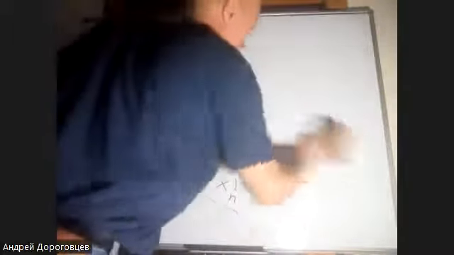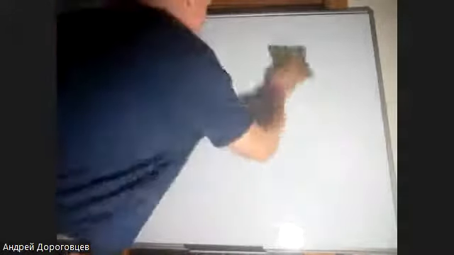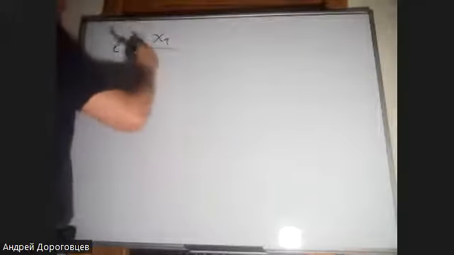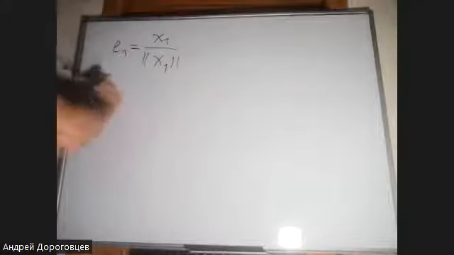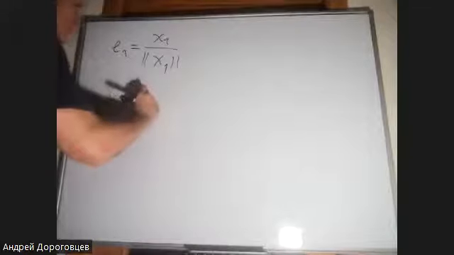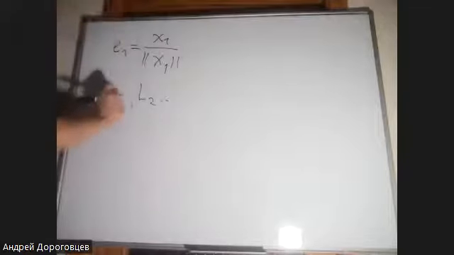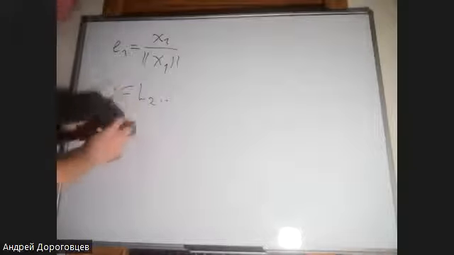Then one can proceed as follows. We define subsequently the following vectors. Here E_1 will be x_1. We can always suppose it is non-zero, and then we just consider L_1, L_2, and so on. They are all related by inclusion.